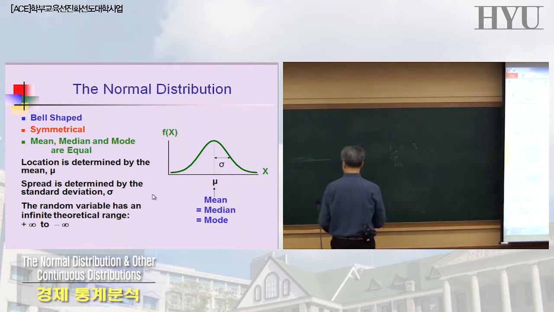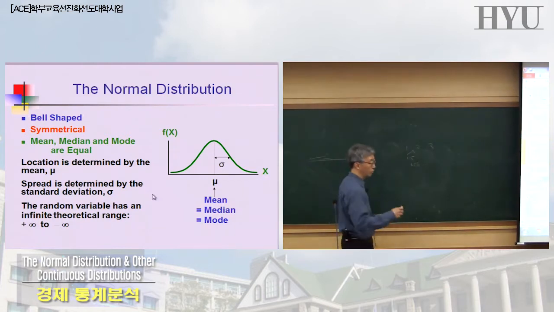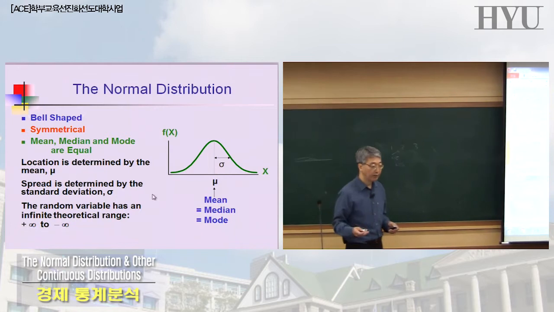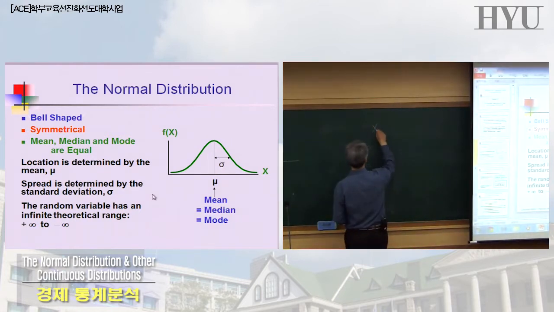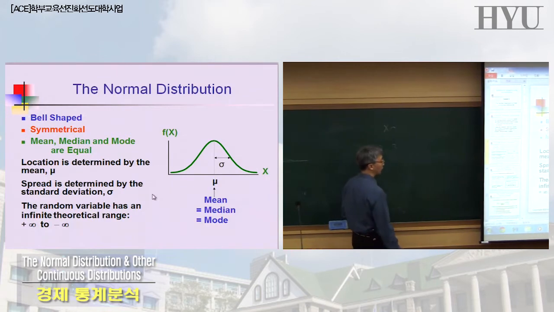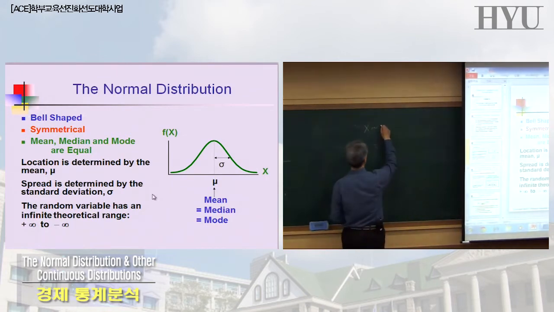When we try to convey information on any normal distribution, we write that any random variable x is distributed normally with the mean mu and standard deviation sigma.